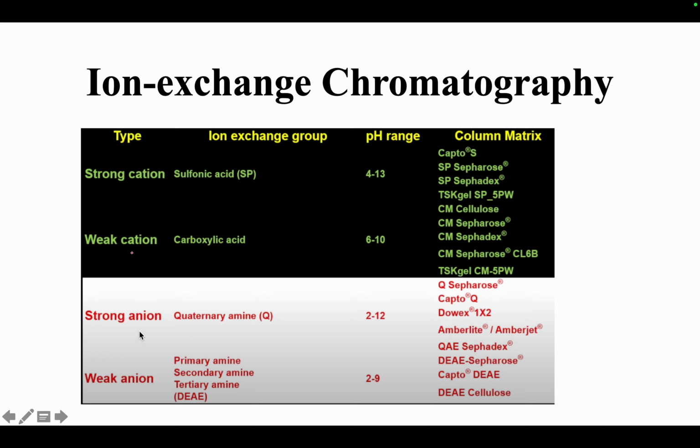Similarly, we have strong anion exchangers, that is quaternary amine, so they will have very strong interactions. And the weak anion exchangers are primary amines, secondary amines, tertiary amines, like DEAE Sepharose, which is very widely used.